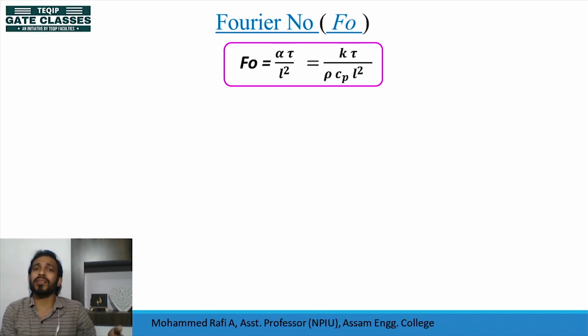Instead of repeating the same expression rho v d by mu, I can replace it with a single number, the Reynolds number. Similarly, for Fourier, instead of repeating the calculation alpha tau divided by L square, it is just replaced with a single number. So you should not be confused.